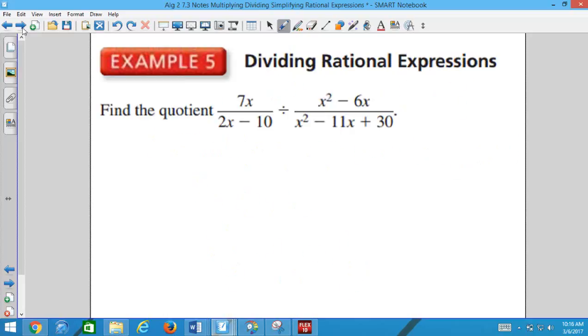So we have 7x over 2x minus 10 divided by x squared minus 6x over x squared minus 11x plus 30. So instead of dividing by, we're going to do what? We start with the same first fraction, 7x over 2x minus 10, multiply by, flip it, x squared minus 11x plus 30.